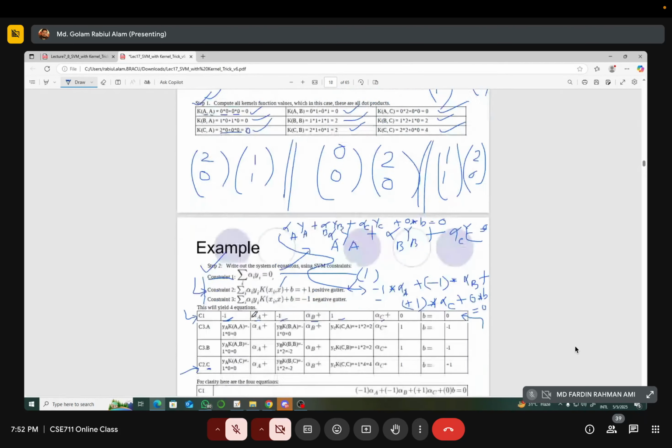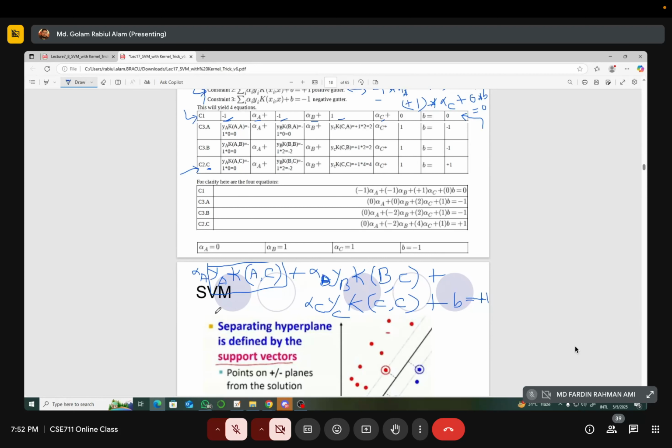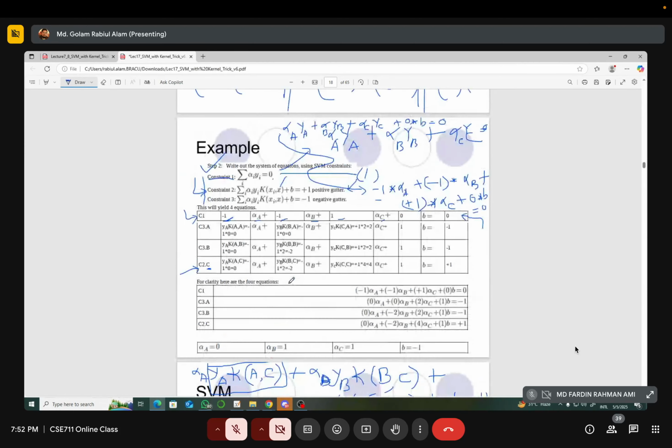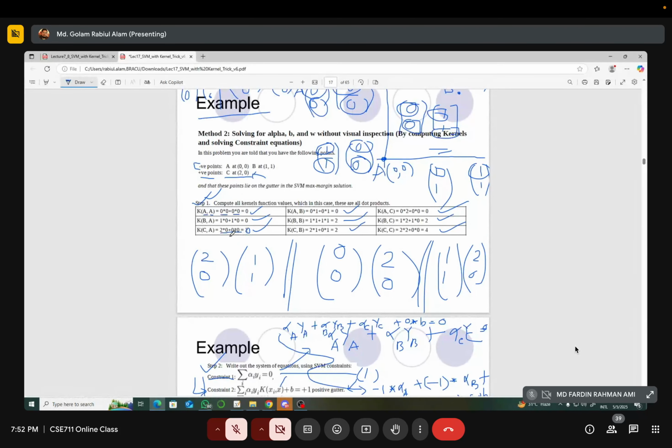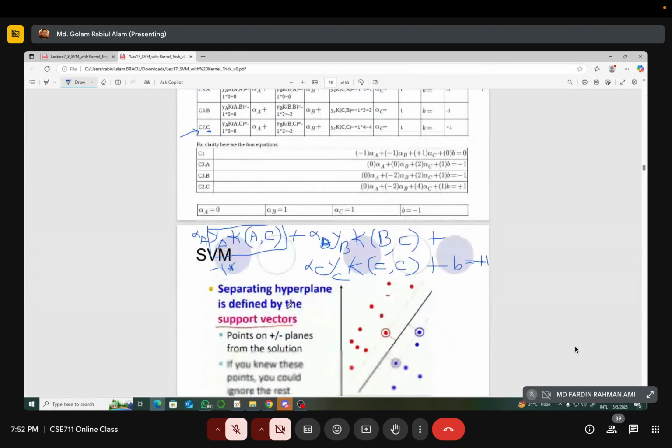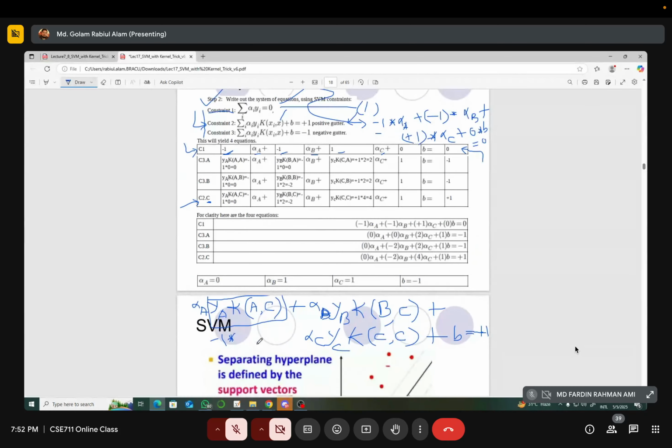So ya is the original class label of data point A. It is -1 times K of AC. K of AC we have already determined here. K of AC is 0 here. Times the alpha A.